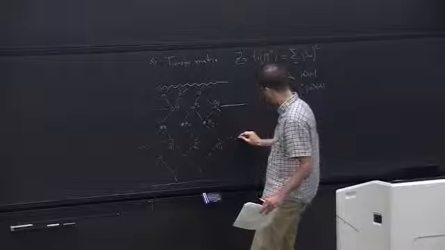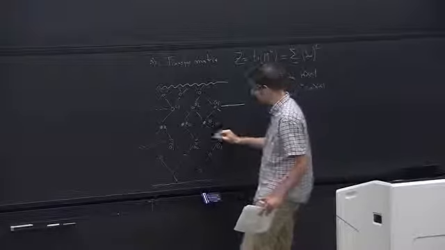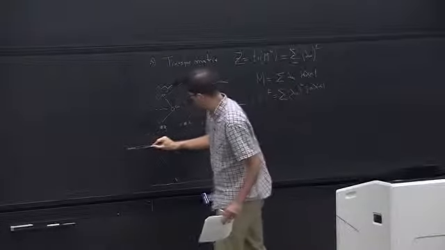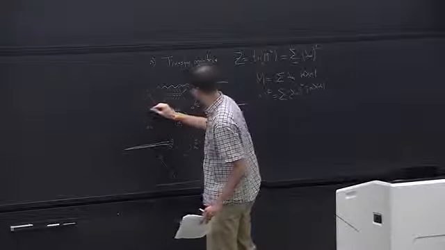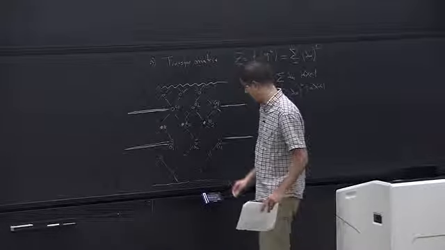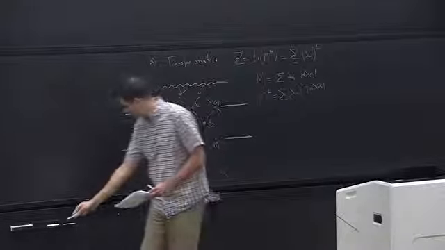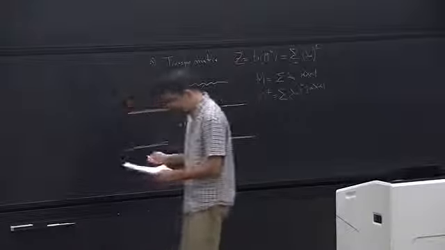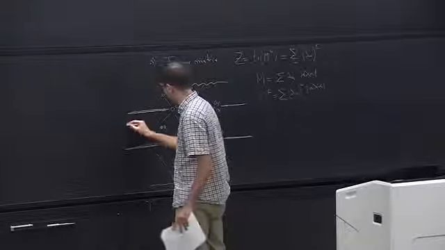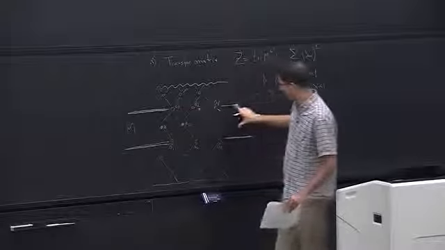I hope the colors make the difference clear. This is some way of indicating that I'm breaking this structure into pieces. And now I'm going to define some matrix attached to the region here.